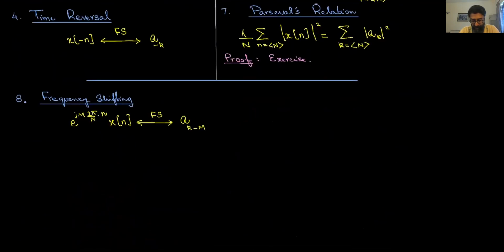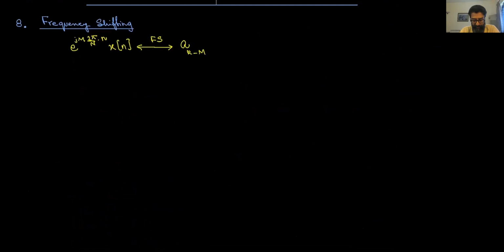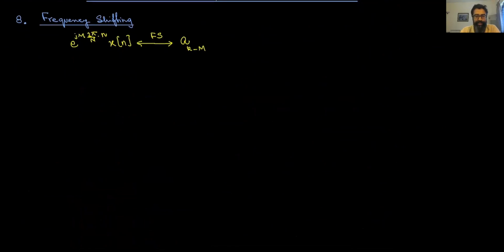One property that I am going to prove is this frequency shifting property, which is stated here. If I multiply the discrete time periodic signal with this exponential, e raised to j M 2 pi by N n, where capital M is some integer, then what results in the Fourier domain is just that the Fourier series coefficients are shifted by this integer capital M. The proof for this is straightforward, but let me do this nevertheless.